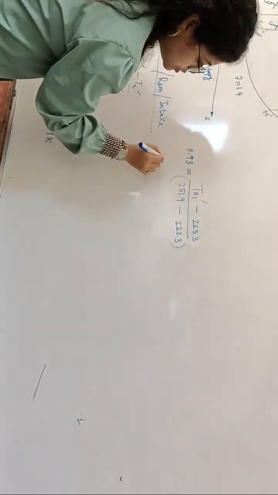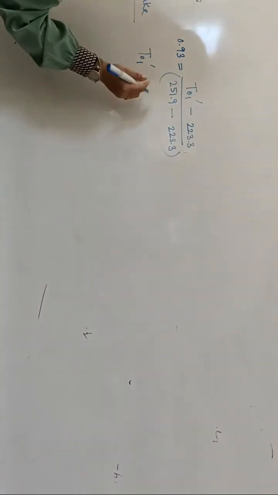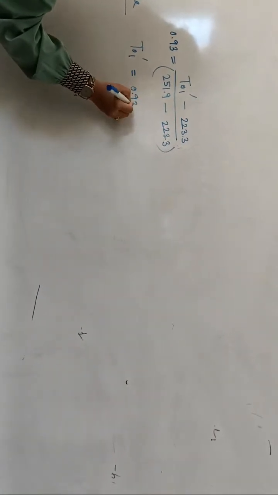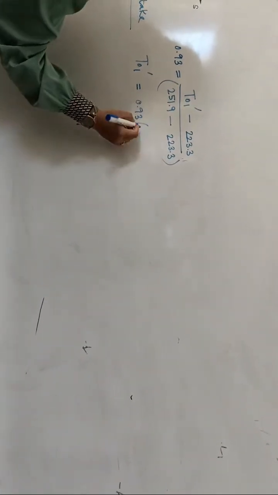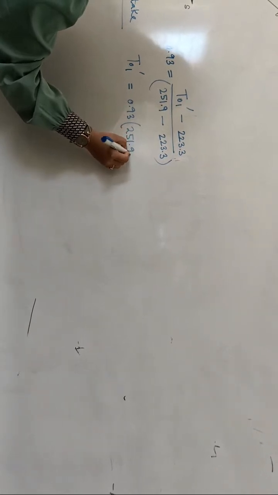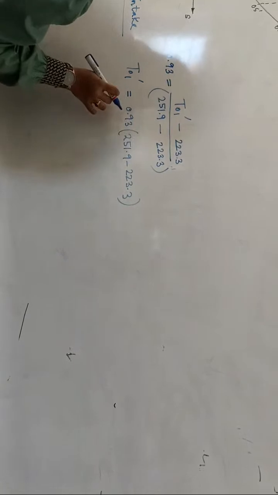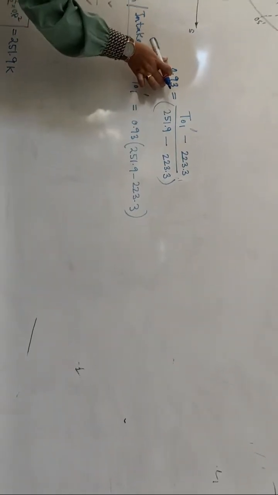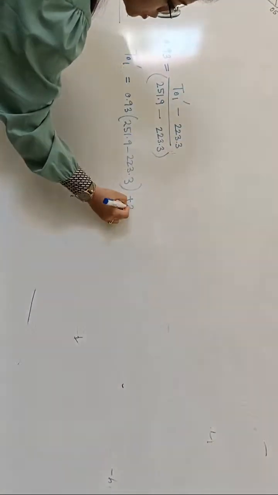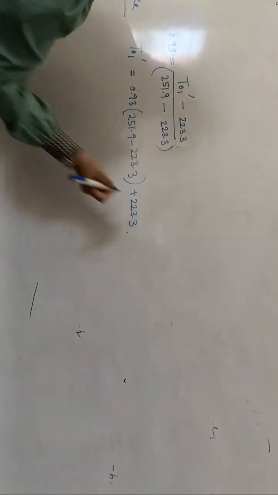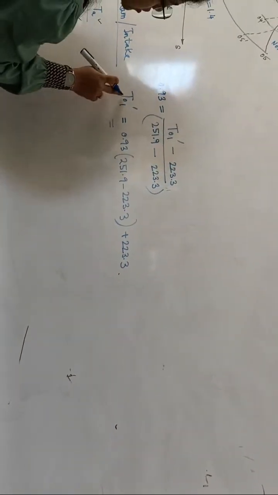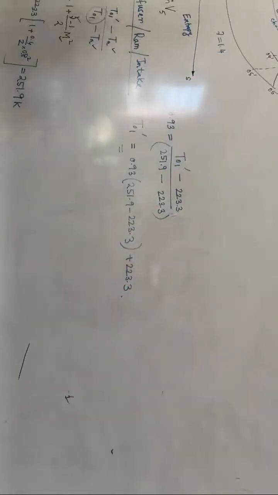So T01 prime equals 0.93 times the subtracted value, plus 223.3. Solve this and you will get T01 prime.